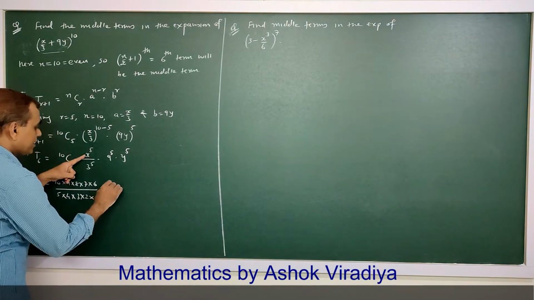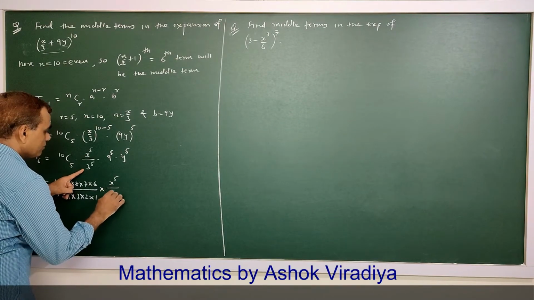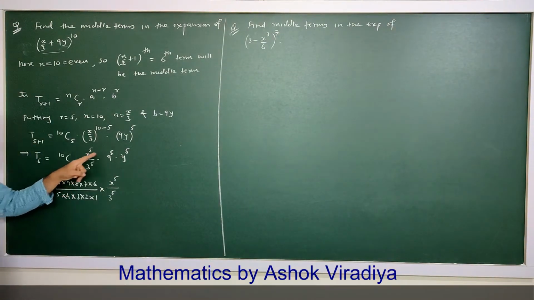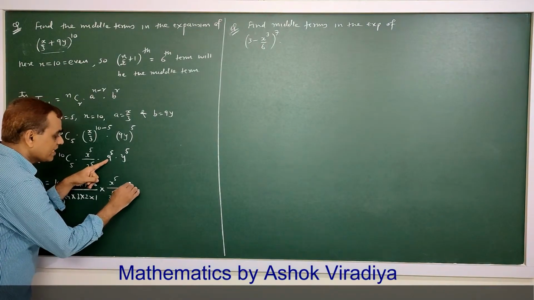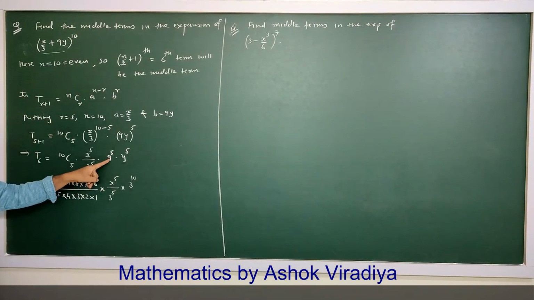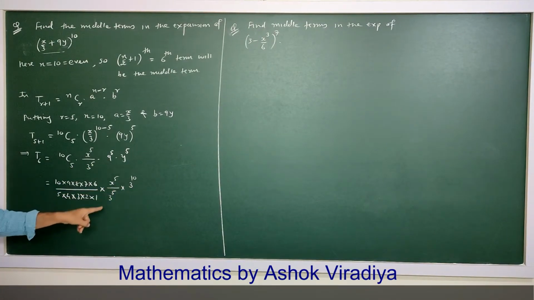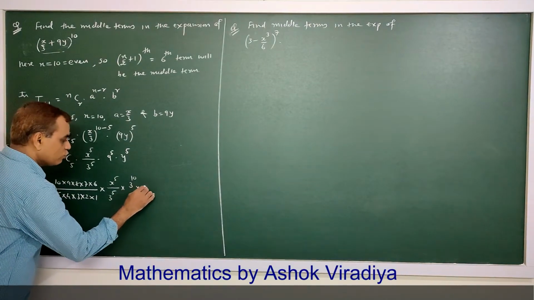This is x raised to 5. This is 3 raised to 5. 9 raised to 5 can be expressed as 3 raised to 10. 9 is 3 square. So we can cut here easily. Into y raised to 5.